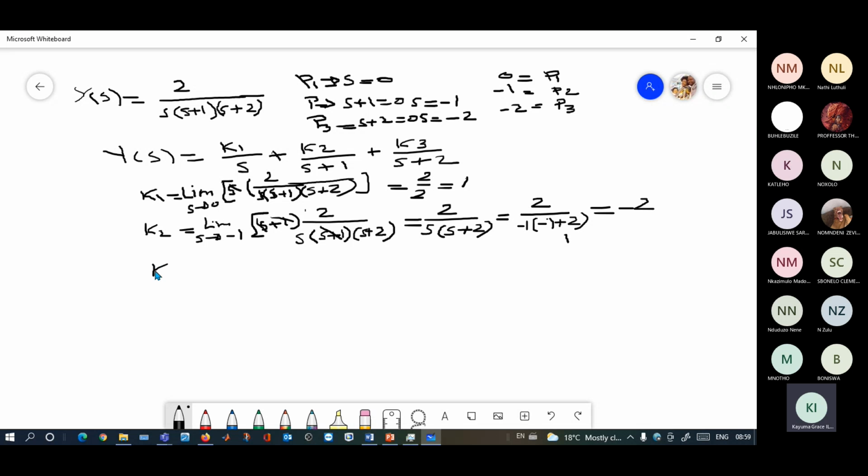Then we have K3, which is going to be equal to the limit of s approaching minus 2.